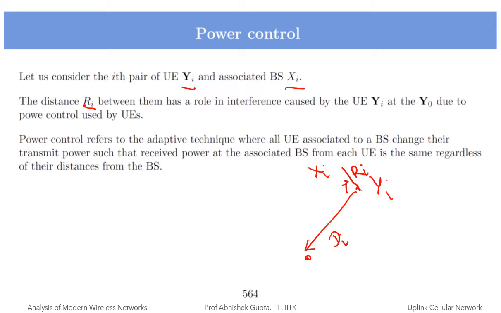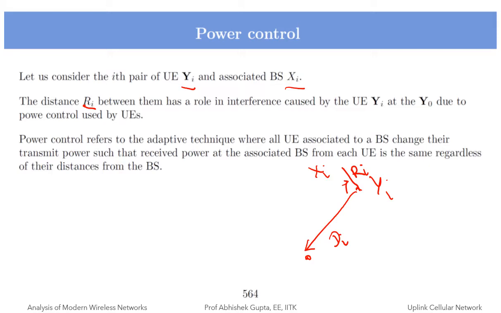So what is a power control mechanism? It is an adaptive technique where all UEs associated to a base station change their transmit power such that the receive power at the associated base station from each UE is the same, regardless of their distance from the base station.